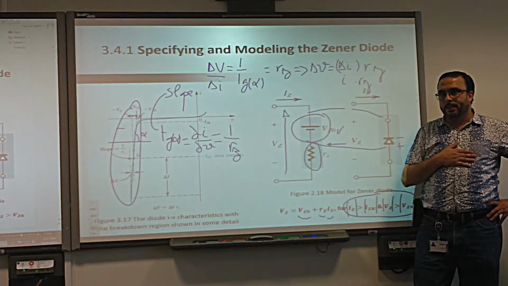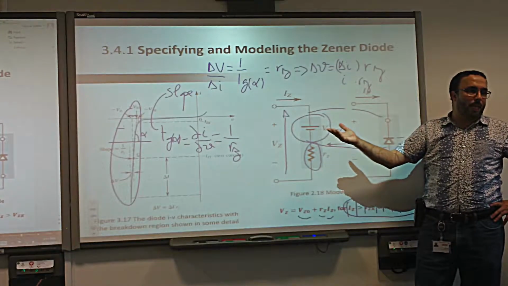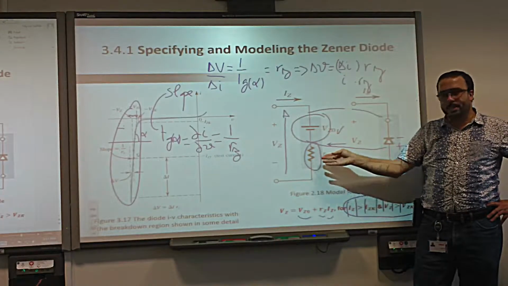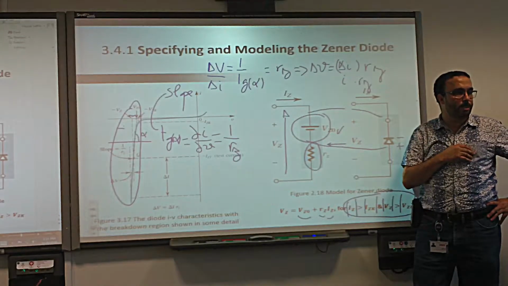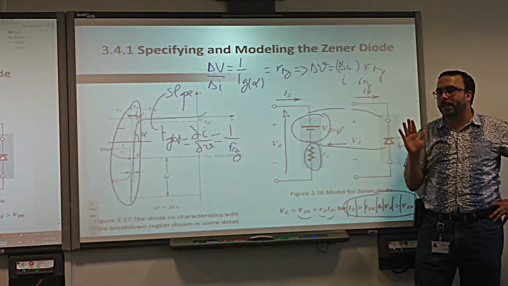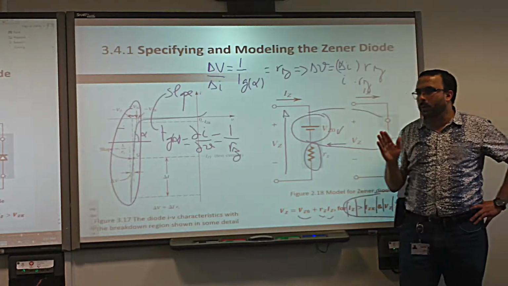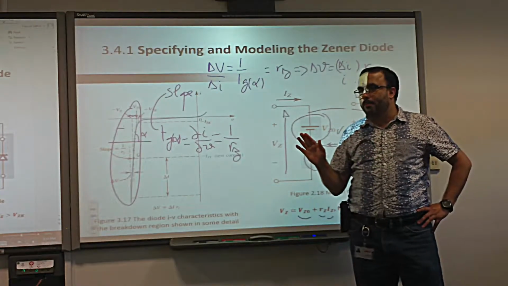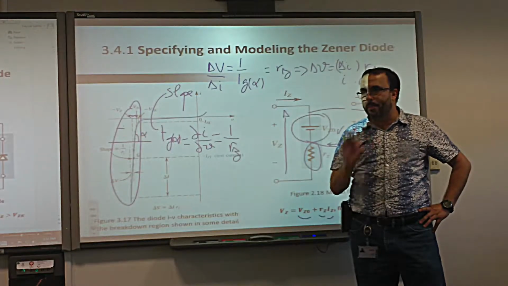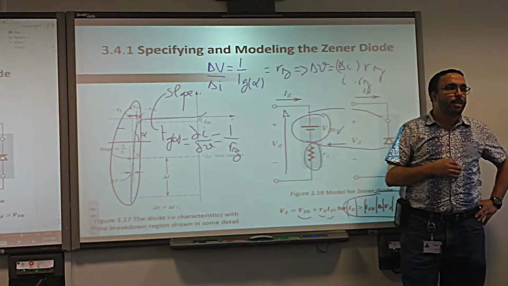Do you understand? Other diodes also have the breakdown, but the resistance is much bigger than the Zener diode. That's the only special thing about the Zener diode. In the forward, they are all the same, but in the reverse, the Zener diodes are the best. They are good batteries. That's one thing.